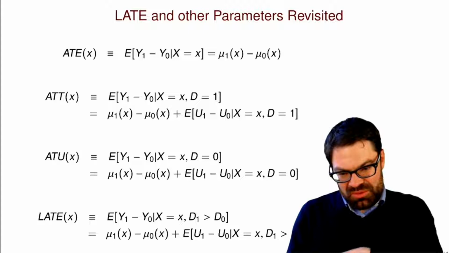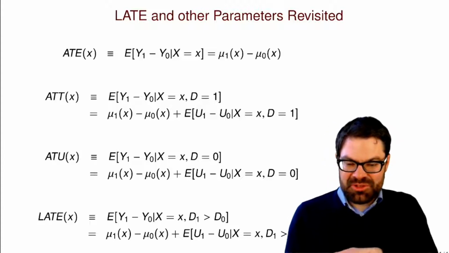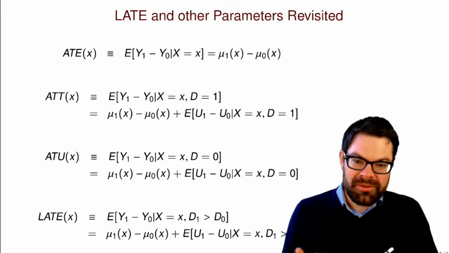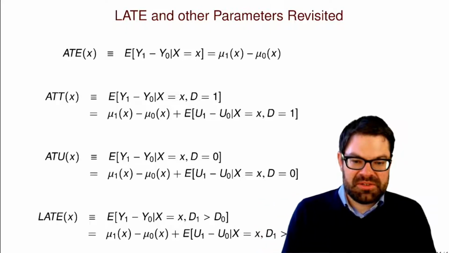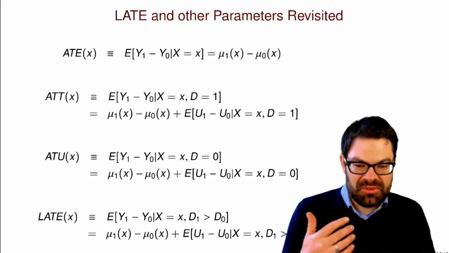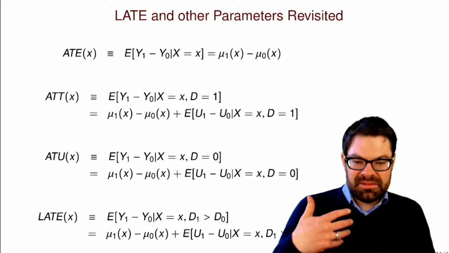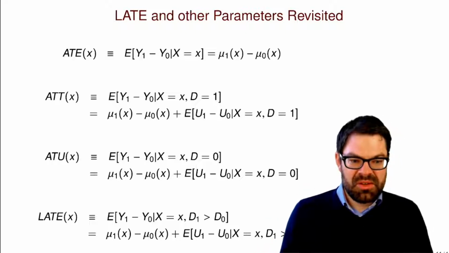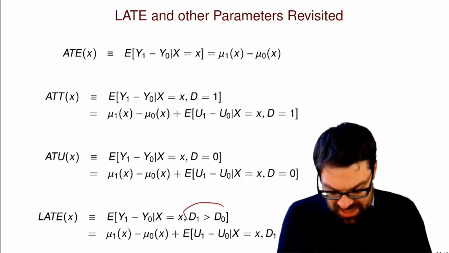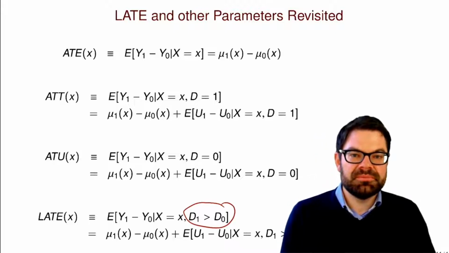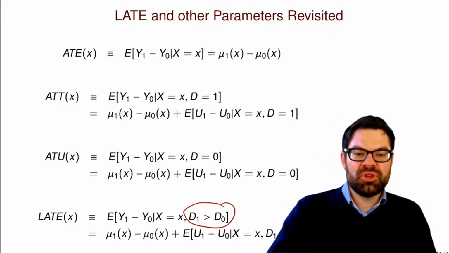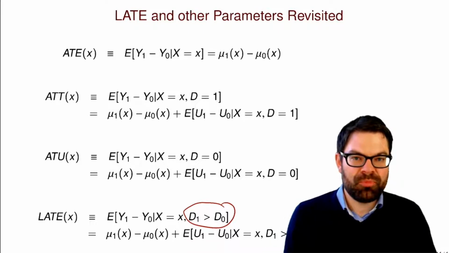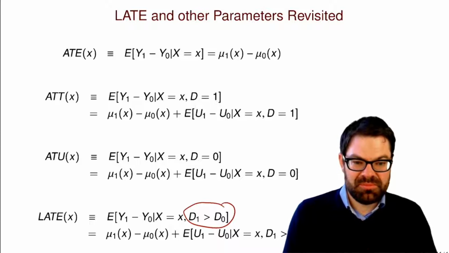Let me first go to the local average treatment effect here at the bottom, because this is what we've talked about already earlier in lecture 3 when talking about instrumental variables. So that is the gain in the outcome among those units whose behavior has been changed by the instrument, right? Or who have been shifted into the treatment through the policy measure, if we don't want to talk about instruments.